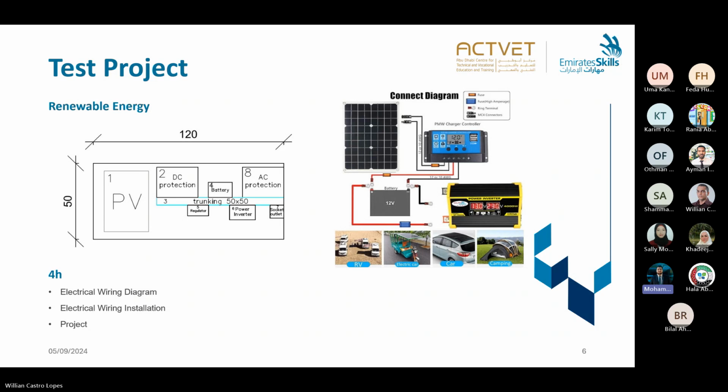One more question, William. I know I had many questions. Once you did the skill challenge, how many students will you get from each campus, or is it according to their total marks? As I explained, it depends on how many spots we will have in Emirates Skills, because they didn't inform us of the available spots.